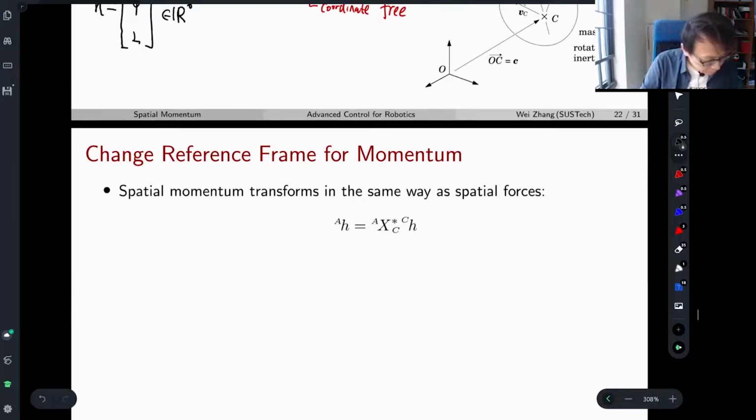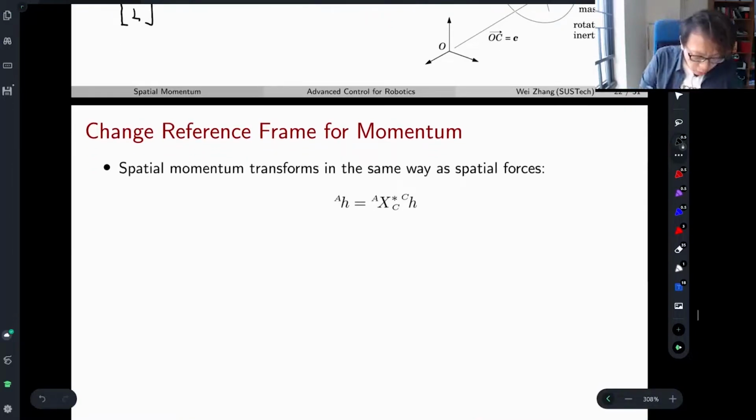Let's see how we can express this six-dimensional vector in different frames.